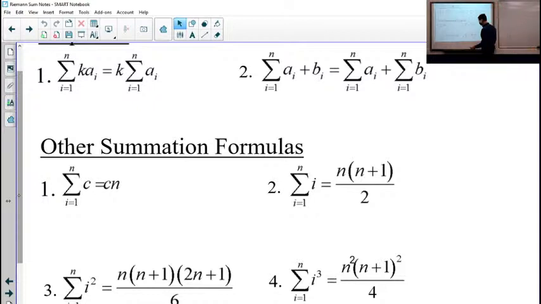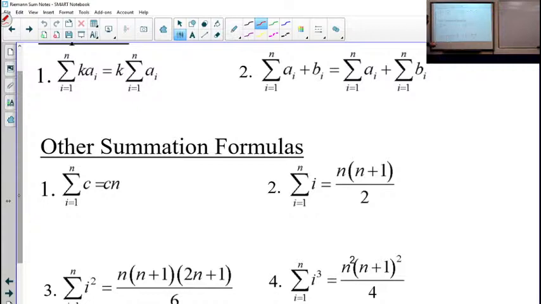For example, the sum from 1 to n of k times a sub i, k times that term, is the same as if I bring the constant out in front and then take the sum.